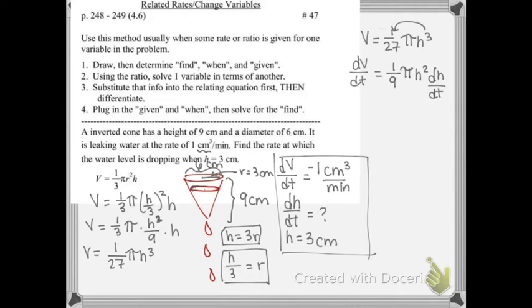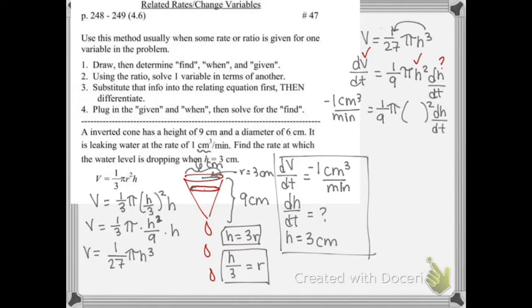Okay, let's take a look at what we have and what we need in order to answer the question. They give us a dv/dt, they give us an h, and our dh/dt is our unknown. Perfect. So plugging in, we get -1 centimeters cubed per minute, and that's equal to 1/9 pi, and then we have h squared and then dh/dt.